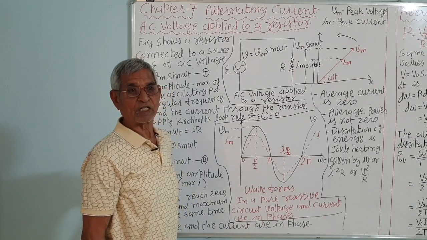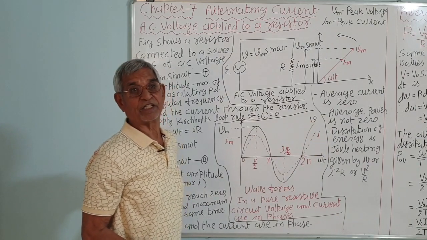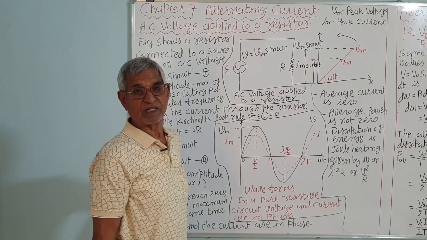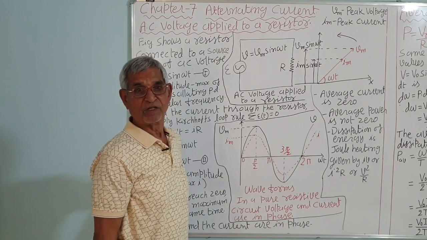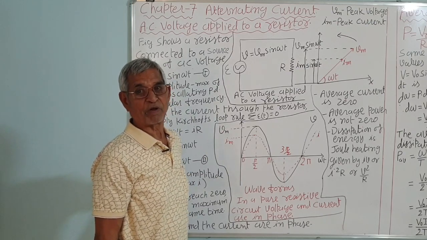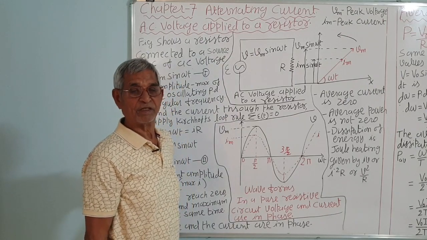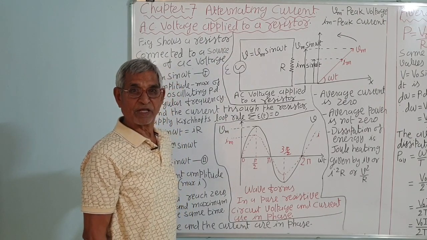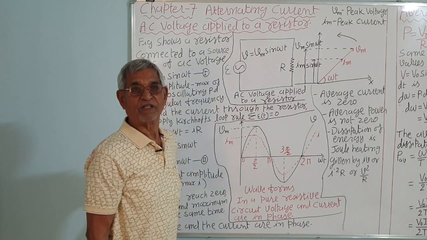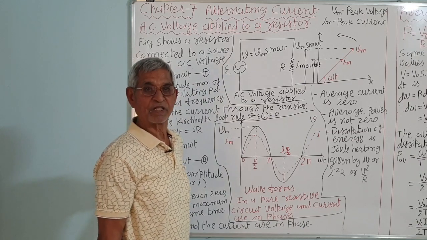AC is used with the transformer. Generators which generate the electricity are situated in remote places, jungle areas where a dam is constructed, or thermal power stations or nuclear power plants, away from the population of cities and villages. So from there it is required to supply electricity to the villages and cities for their use. This is done by long transmission line wires.